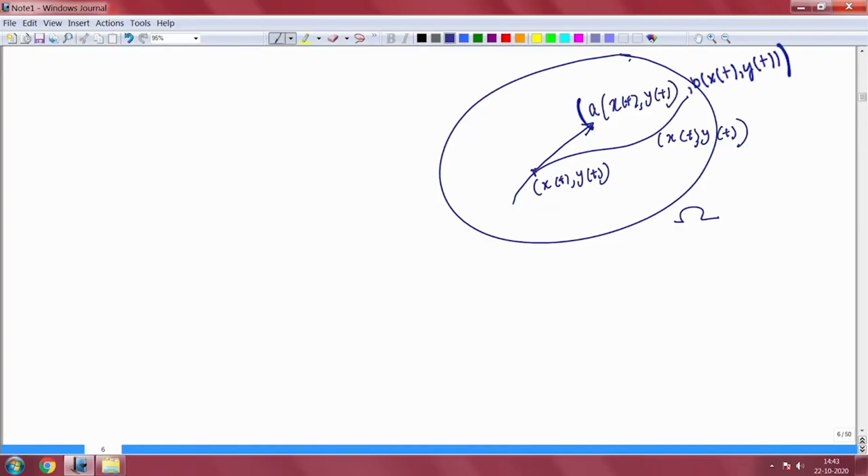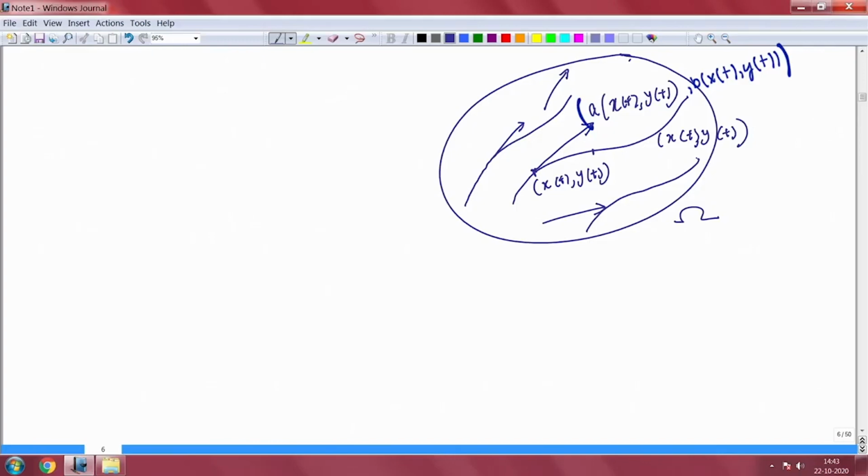So, every point has tangential direction (a,b), need not be parallel. What you are trying to do is divide your domain omega with curves that have the property that their tangents are given by (a,b). So, you are trying to fill up the region.